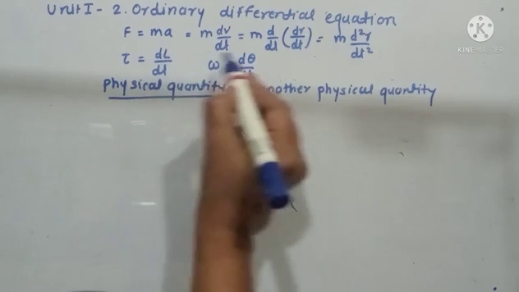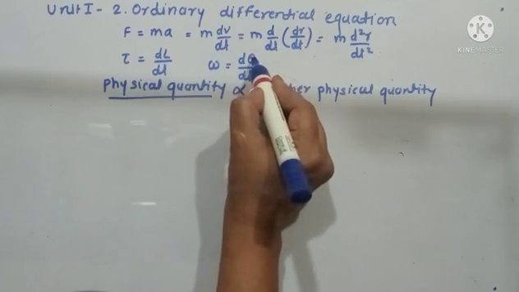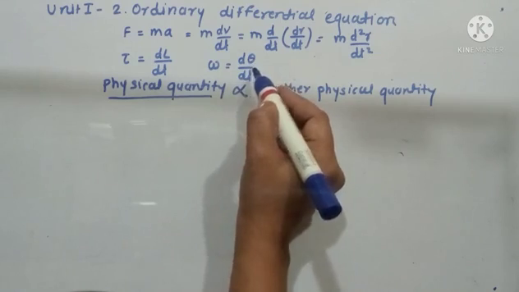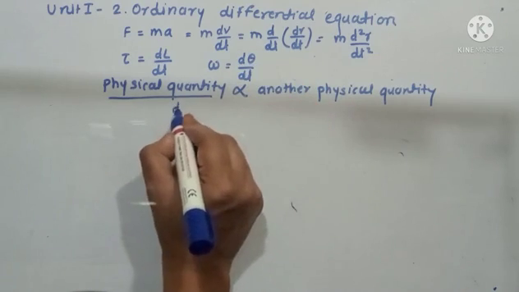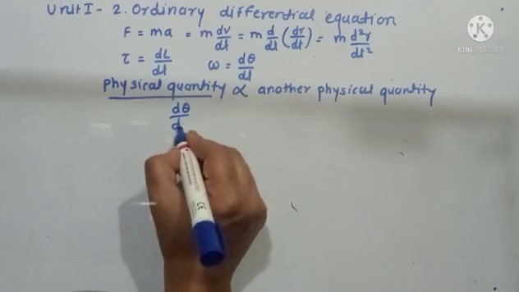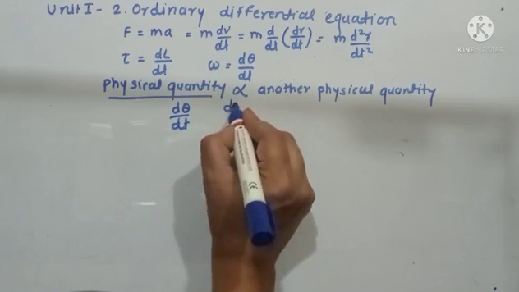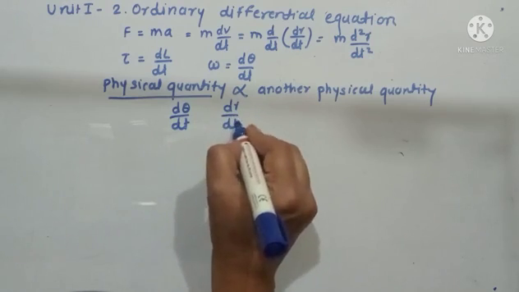For example, angular displacement is one physical quantity, and it depends on another physical quantity which is time. And in mathematics we show this as dθ/dt, or we write it as dr/dt.